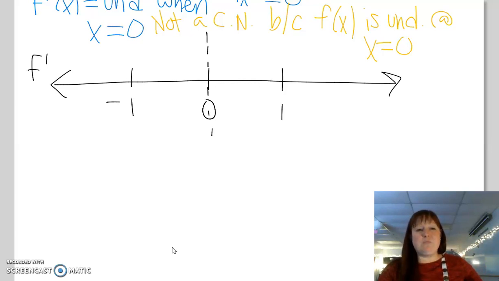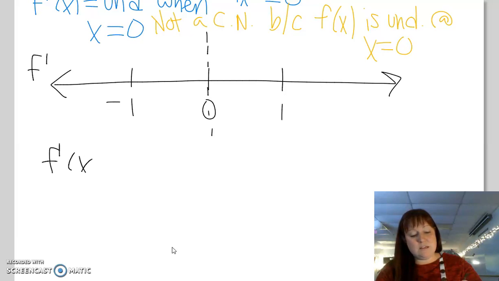Okay, so let's figure out what's going on either side of this. So let's figure out what f prime is doing at -2. I'm just going to copy back down f prime down here so that we have it. f prime of x equals x to the 4th minus 1 over x squared.